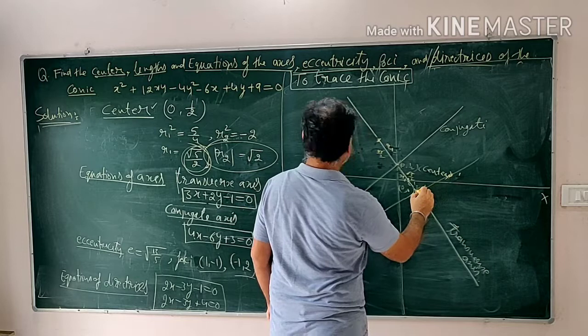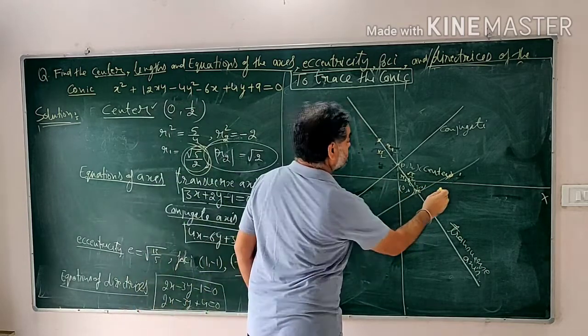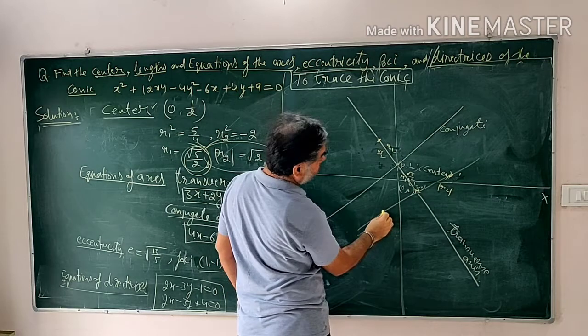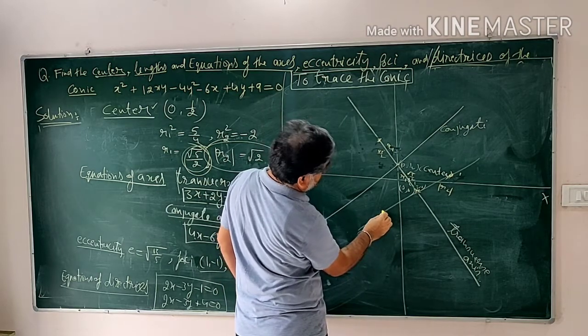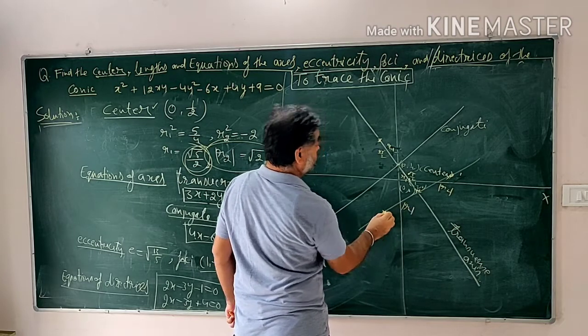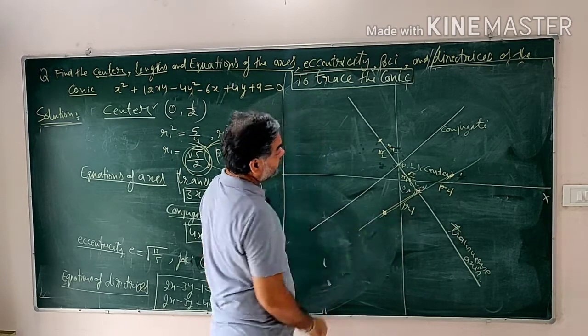This distance is modulus of r2, and similarly on the other side, mod root 2.